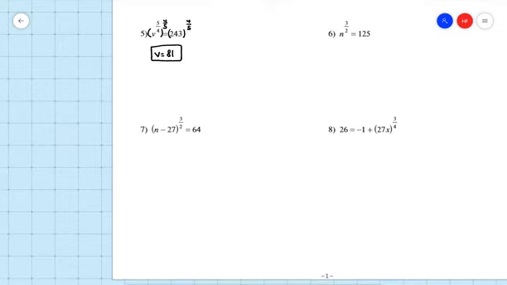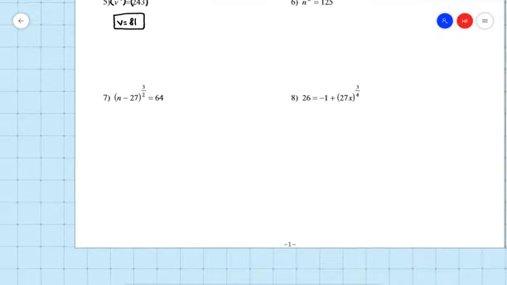Now on number 7, we see that there is this whole quantity of n minus 27 that is being raised to the 3/2 power. So since everything is being raised to that 3/2 power, I'm going to need more space, so I'm going to rewrite it. We're going to raise that entire piece to the 2/3 power, and then 64 as well to the 2/3 power.